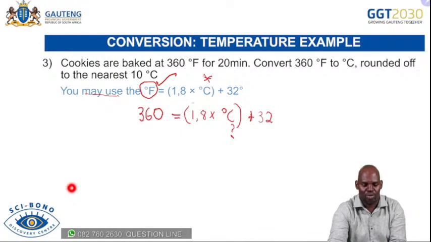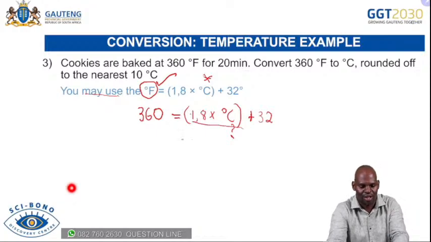Now, how do we rearrange this so that in the end, we've got degree Celsius? Remember we said according to BODMAS, it's the brackets first. 1.8 multiplied by degree Celsius will still give us 1.8 degree Celsius plus 32. Then this is 360.